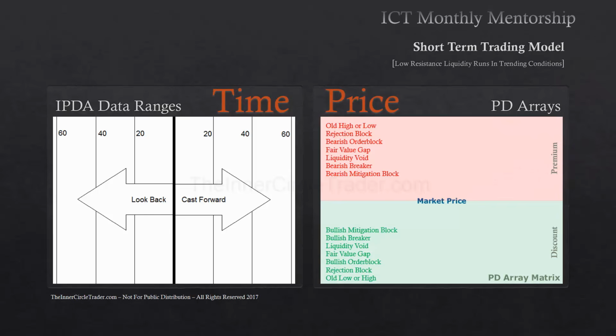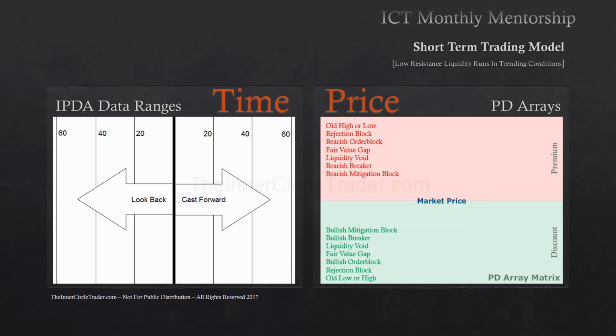Okay, much like we mentioned in the low resistance liquidity runs in consolidations, the same thing applies obviously in trending conditions because we understand that the market moves from a time and price theory. We're looking back 20, 40, and 60 trading days for our IPDA data ranges and referencing time.